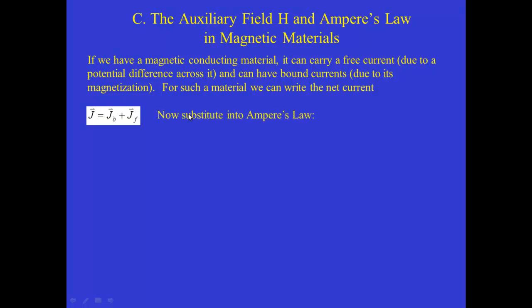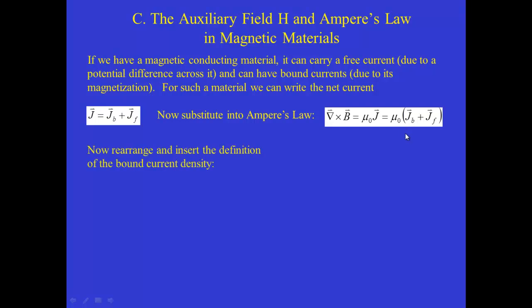Now, we can use this to substitute into Ampere's law, which we know is del cross B equals mu naught J. So that if we put in the expression for J, we now have mu naught times J bound plus J free. And in our next step, we're going to take the J bound, and we're going to substitute in the definition of it that we obtained when we were first analyzing the field due to a magnetized object.